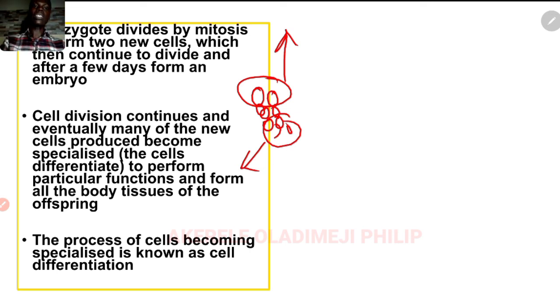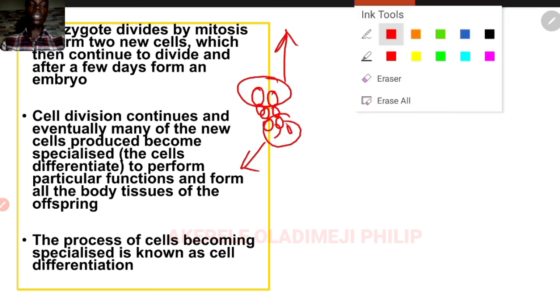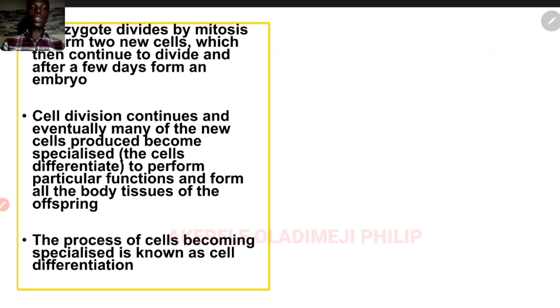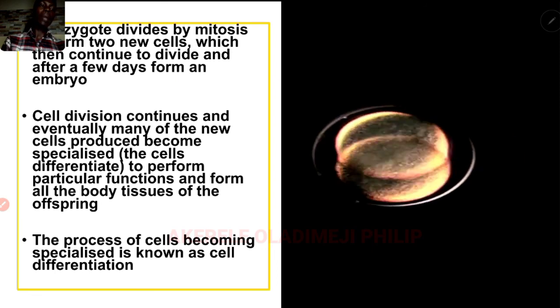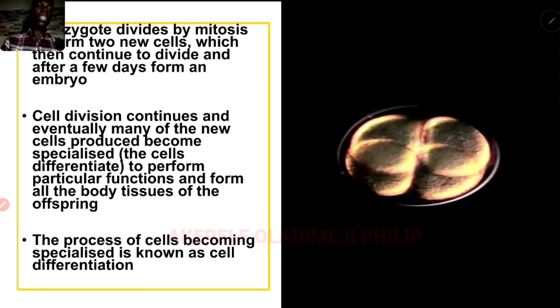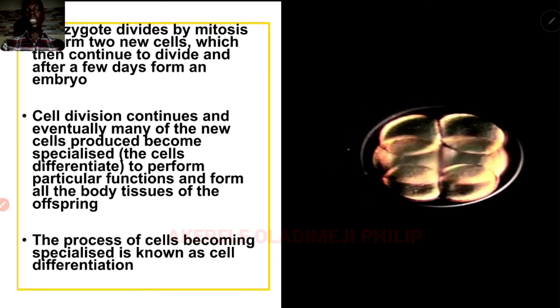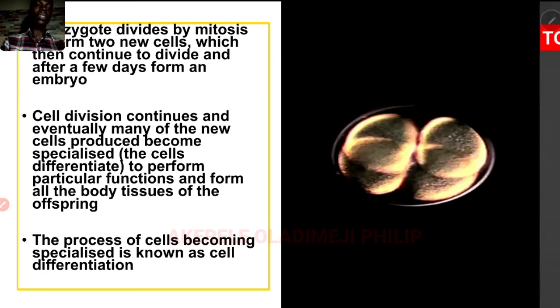That's why we call it specialization and differentiation. If you also see my video on cells, that will make it easier for you. The process of a cell becoming special is known as differentiation, and when it becomes specific for a function, we call it specialization. So this is a zygote dividing like that. All right, hope that made sense.